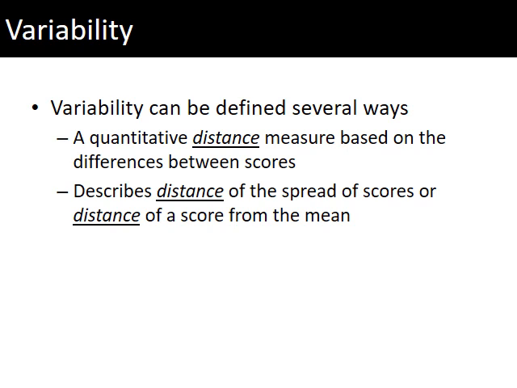Variability describes the distance of the spread of scores, or the distance of a score from the mean, the distance of an average score from the mean, that is. So variability is a way of quantifying, assigning a numerical value to how variable your scores are.